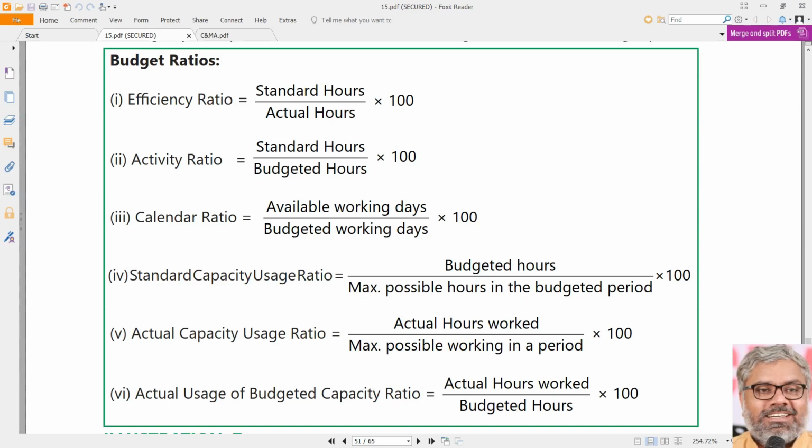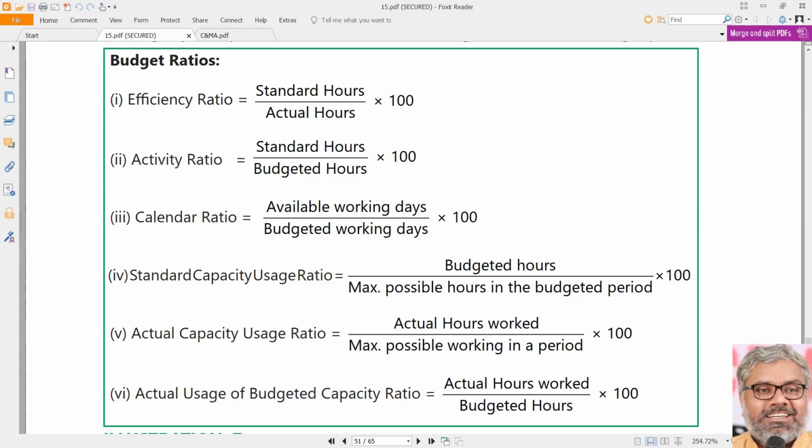The denominator ultimately indicates budgeted hours: how many hours were budgeted and how many hours were supposed to be required for actual production. That shows the activity that has been done in the organization, so it is called the activity ratio.